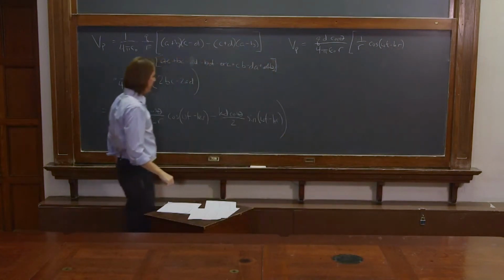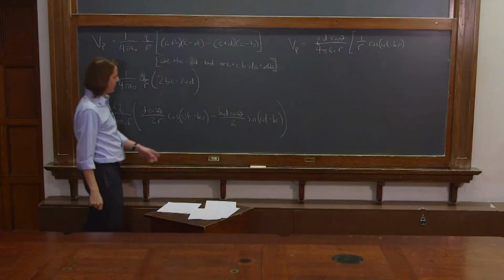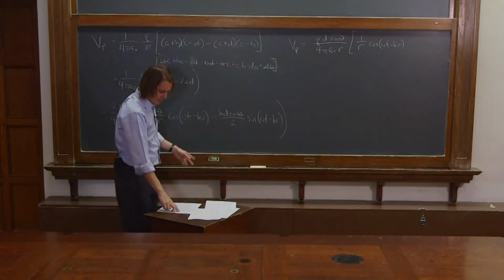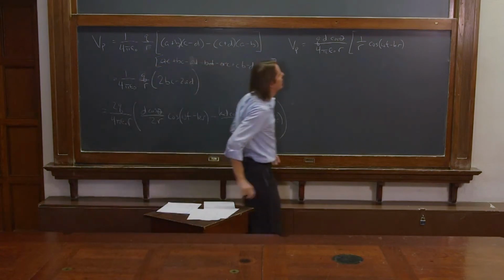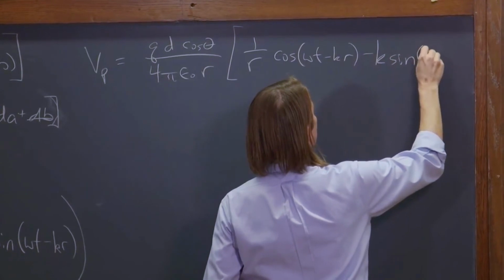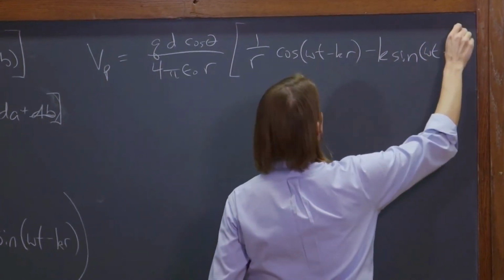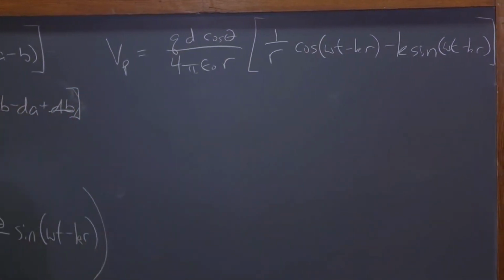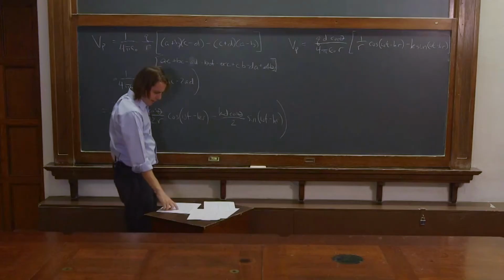Right, and then this is going to leave us, what do we pull out of D cosine theta over 2, minus k sine omega t minus kr, and like that. So there's VP.